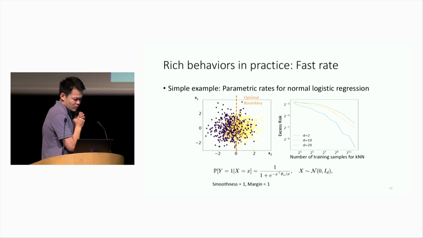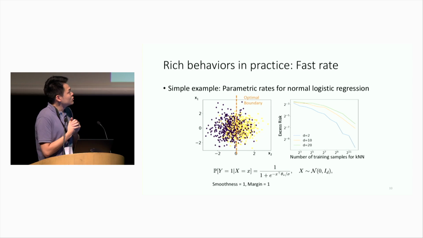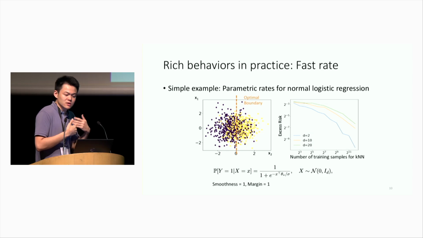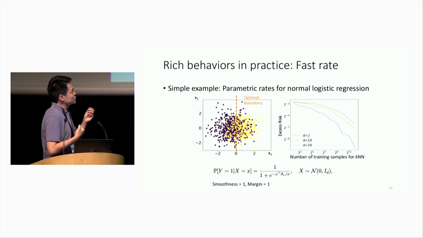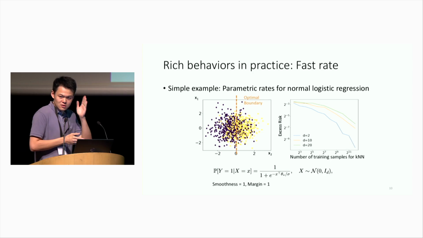Okay, so what did we do in this work? As we showed before, we noticed that there are rich behaviors in practice versus what we know, which is only a worst case non-parametric rate. So for example, if I train a nearest neighbor classifier on a very simple classification problem, called normal logistic regression, where the data follows a normal distribution and the optimal decision boundary is a simple linear boundary.